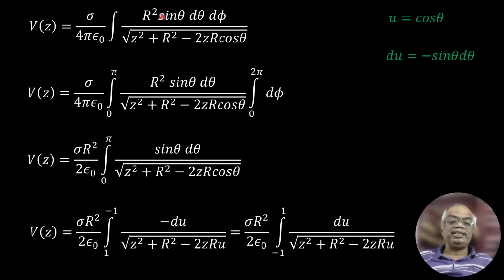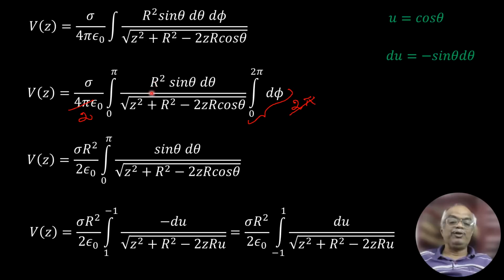First take the theta integral, which becomes R squared sine theta d theta divided by this square root term, and I am separating d phi outside. The limit of this integral is 0 to 2 pi because phi varies from 0 to 2 pi. So this integral value is 2 pi, and this 2 pi will cancel with the 4 pi, leaving 2.